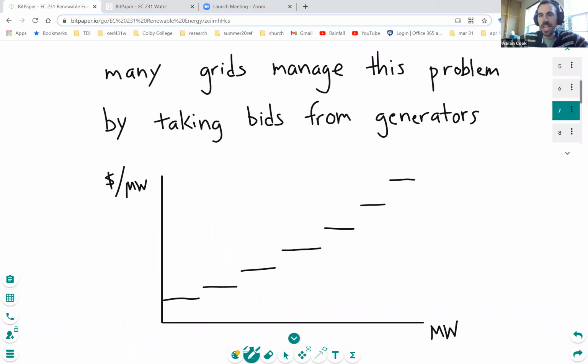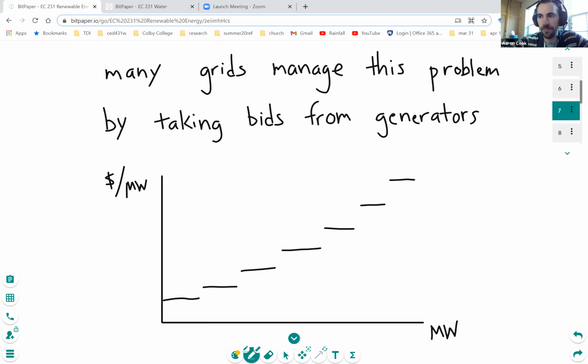Okay, let me just talk for a second about how electricity prices emerge. Along with this decentralized generation of electricity, remember there are decentralized generators. Anybody can build a plant and sell electricity into the grid if they like. The way operators manage the price and the demand is they take bids.